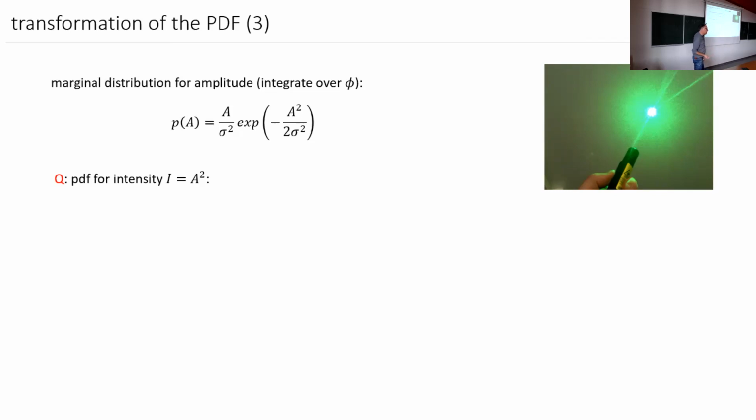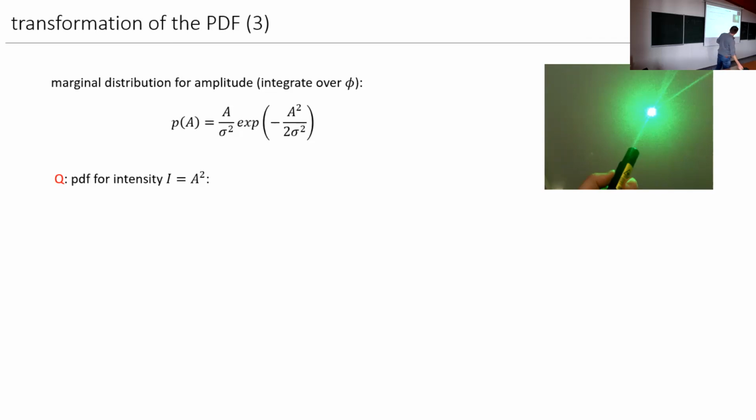This is of course not what you would measure. If you took a picture with the camera, you would measure the intensity. So that could be the next step. Intensity again requires another coordinate transformation, now from A to I equals A squared over 2.